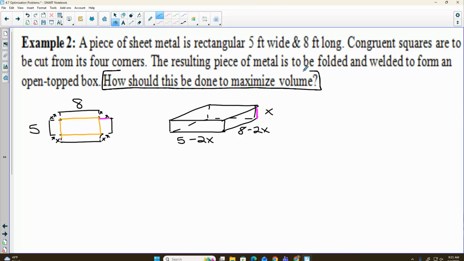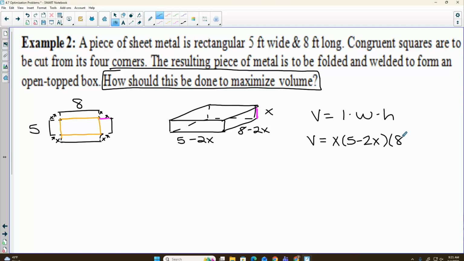I am trying to maximize volume. So if I want a maximum volume, I need a formula for volume. How do we find volume? So that's x times 5 minus 2x times 8 minus 2x.